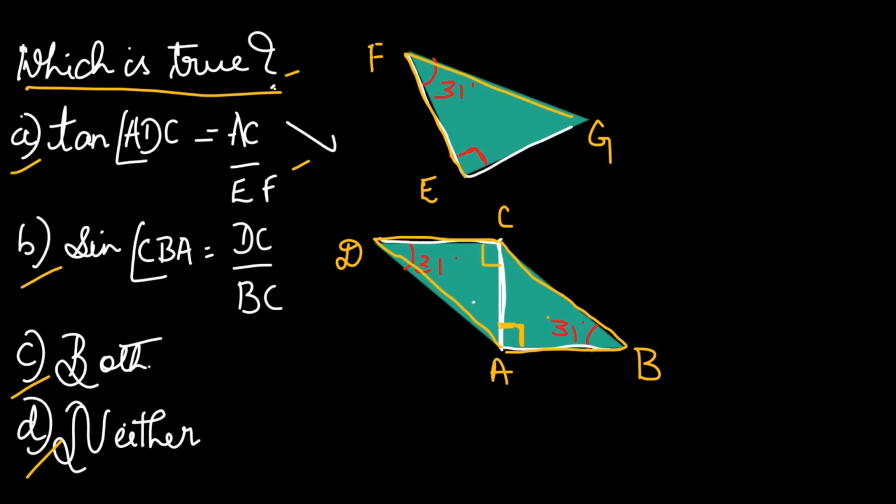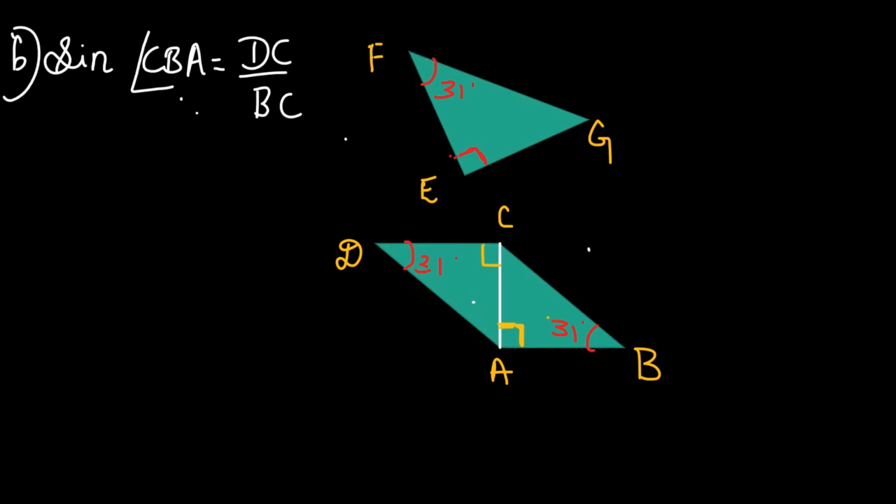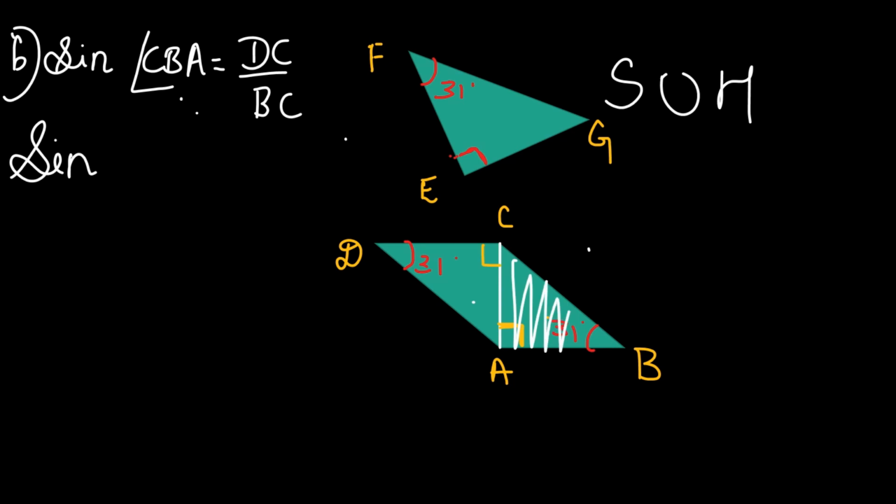Okay, now let's move on to the second condition, that is sine CAB is equal to DC by BC. Now what is sine? SOH, that is sine is equal to opposite by hypotenuse. Sine CBA, now we are concentrating on CBA, this triangle of the parallelogram.